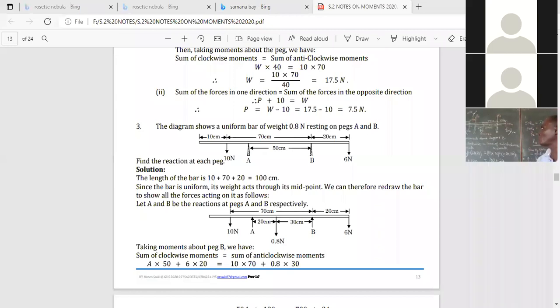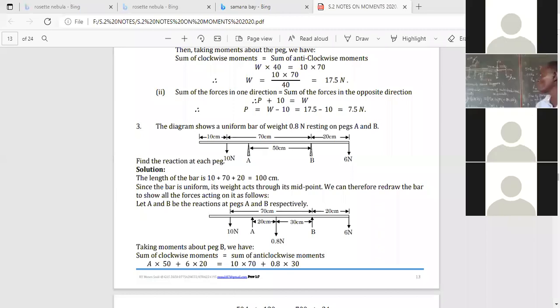If a force is located at the pivot, what is its moment at the pivot? Zero. That's why when I'm using the equation of taking moments, I must take a moment at one of the pivots. And the most friendly pivot in that arrangement was pivot B.